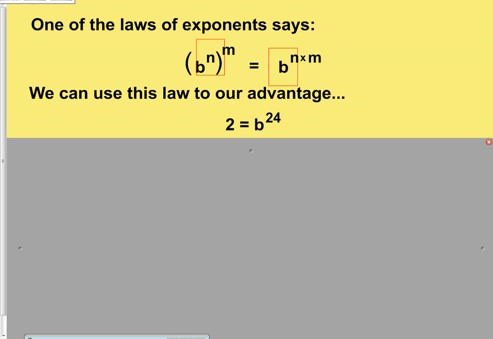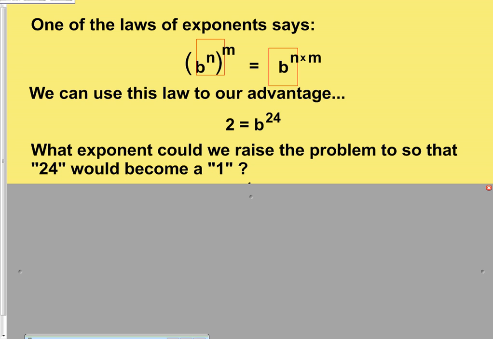Okay, so we are here, 2 equals b to the 24th power. What we are going to do is introduce another exponent into this problem, and figure out what exponent could help us be rid of that 24.